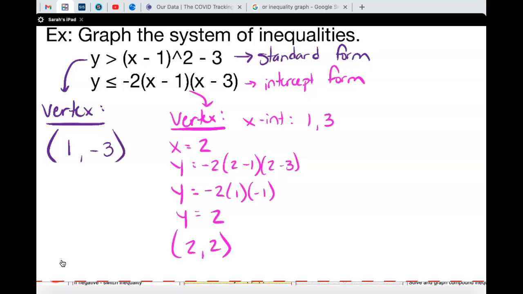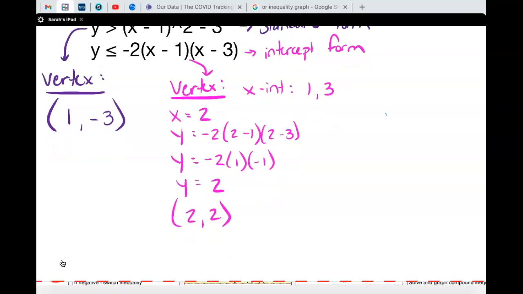I'm just going to draw my graph here on the right side. Sorry, I had to get my graph all together here. So I'm going to plot my vertex, 1, -3.